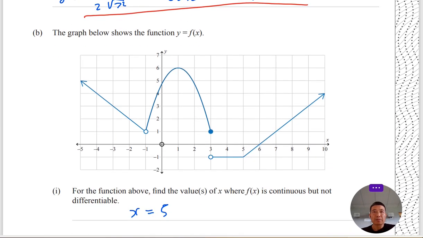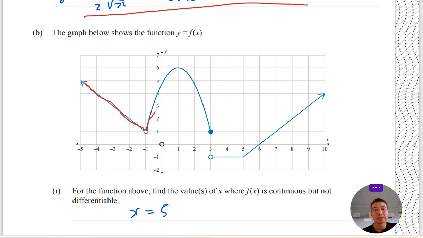Next question. The graph below shows the function y equals f of x. For the function above, find the values of x where f of x is continuous but not differentiable. Now, continuous means, easily speaking, whether you can draw the line without lifting up the pen. So in this case, because of this empty circle at x is -1, I have to lift it up, right?